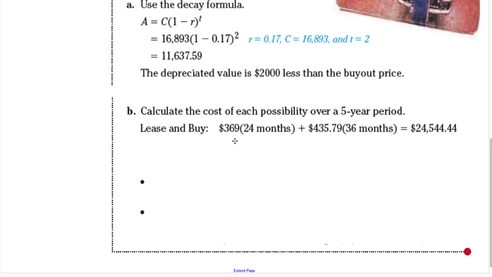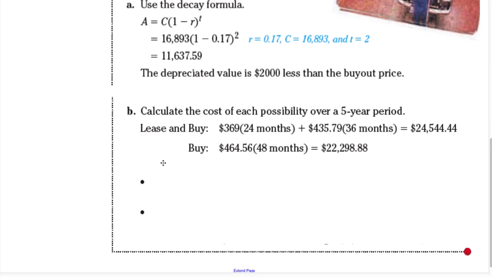At the end of the lease and buy period, Mr. Blackburn would have paid $24,544.44. But if Mr. Blackburn buys the car outright, he will pay $464.56 for 48 months, and he would only have paid $22,298.88. Okay, it seems right here it's pretty clear that you need to buy instead of lease and buy.